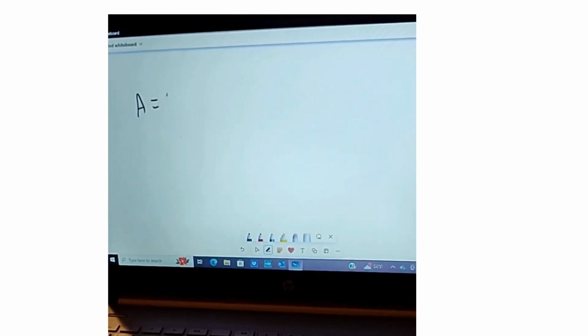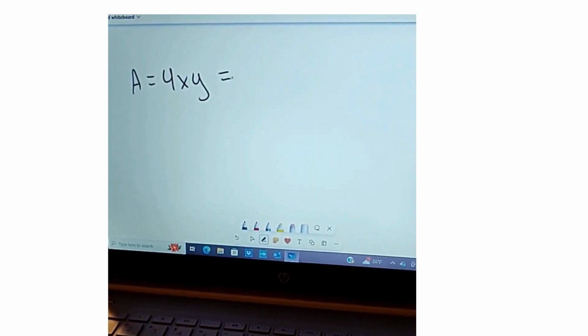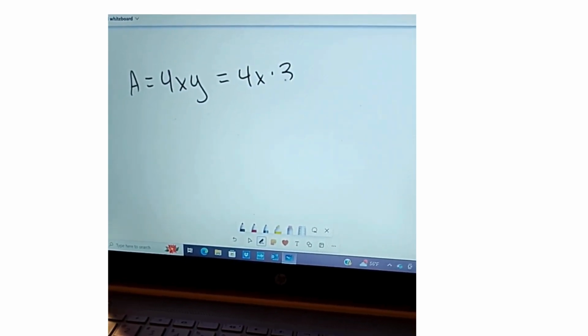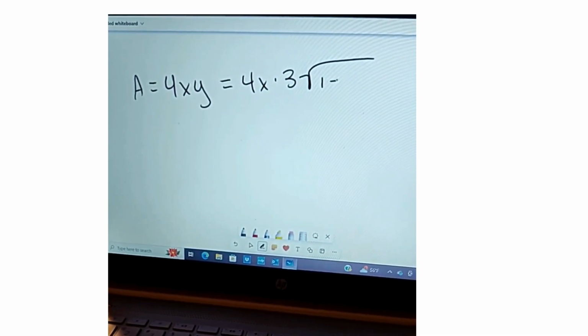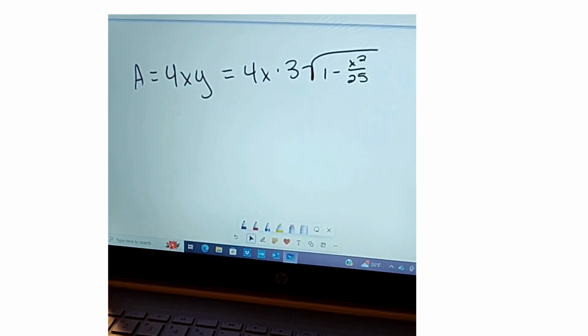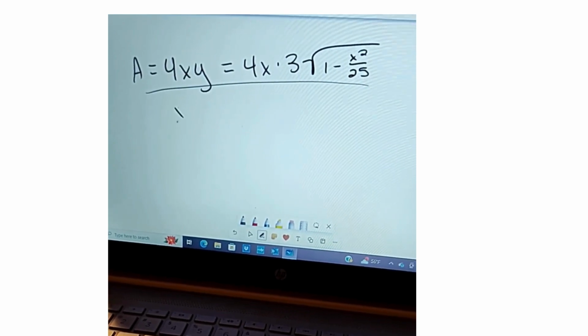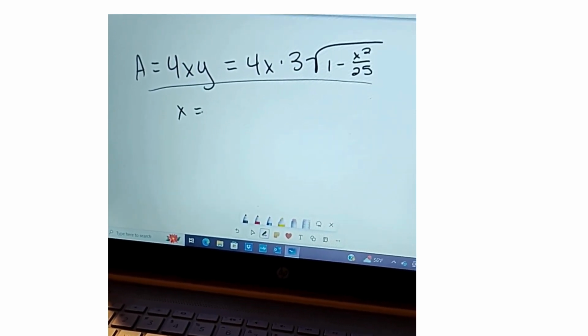And so we are nearing the end, knowing that from the beginning, A is equal to 4x of y, and y is 3 times square root of 1 minus x squared over 25, sorry. Knowing this equation here, we can actually plug in our x that we just found.